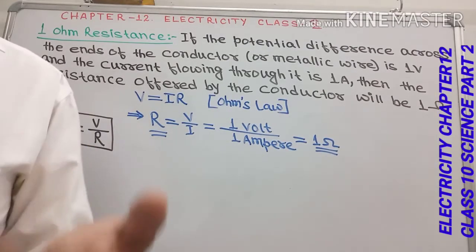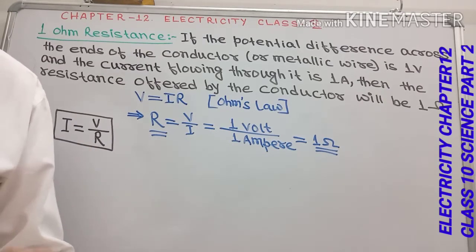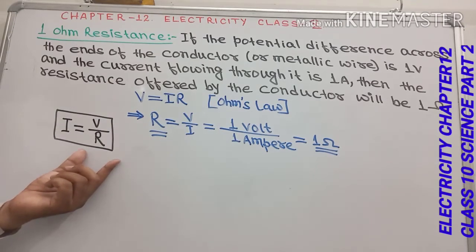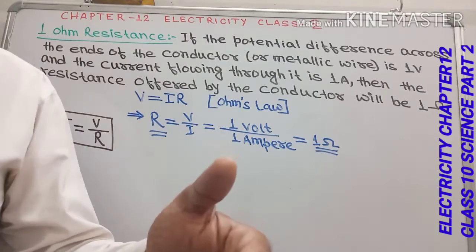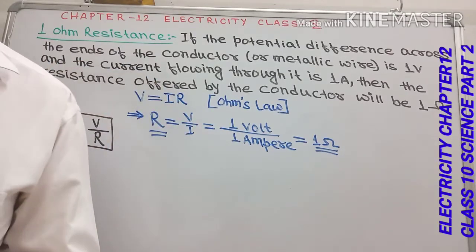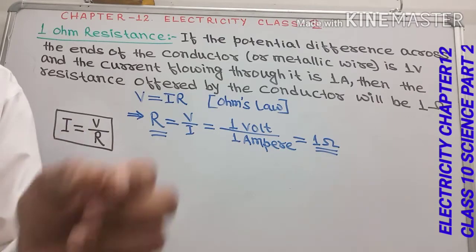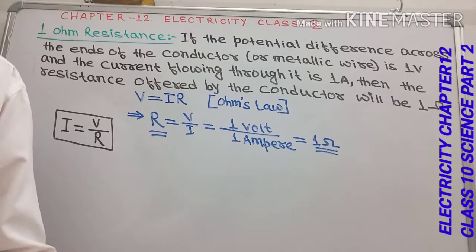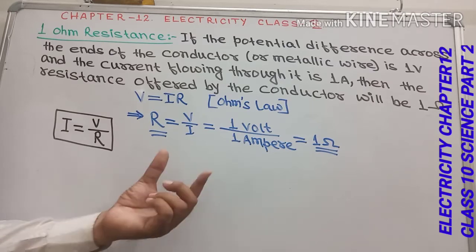Similarly, in an electric circuit, a device called a rheostat is used to vary the resistance of the conductor. When the resistance is increased, the current flowing through the conductor becomes less, and when the rheostat is used to decrease the resistance, the current flowing will increase.